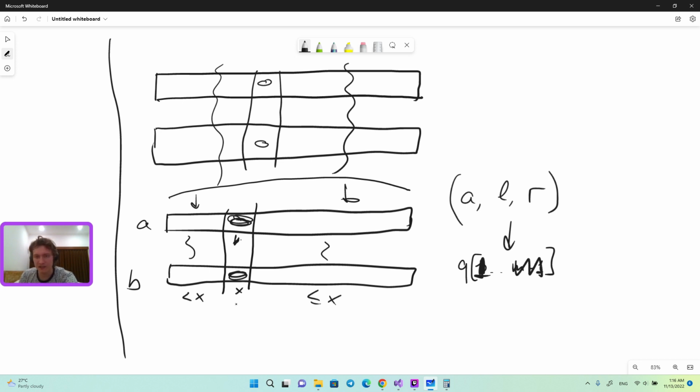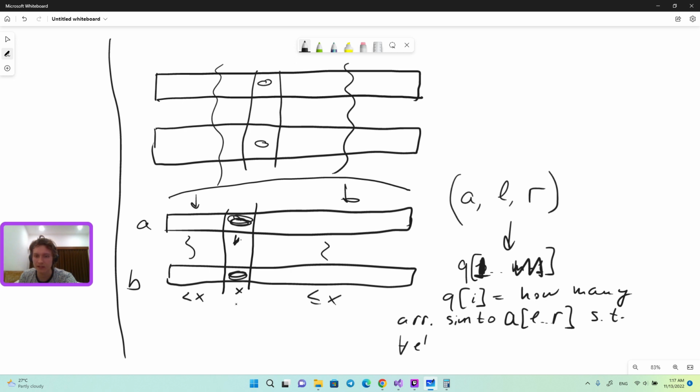And it answers the questions. The question: Q_i is how many arrays similar to A from L to R are there such that all elements of this array are no more than i.